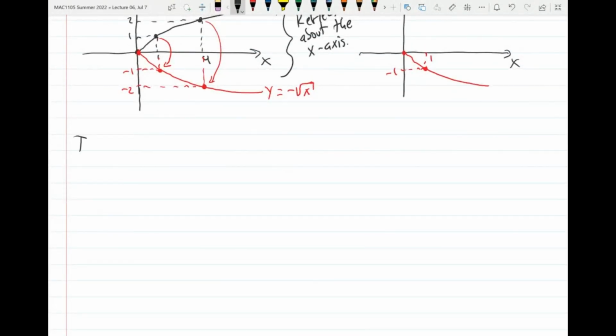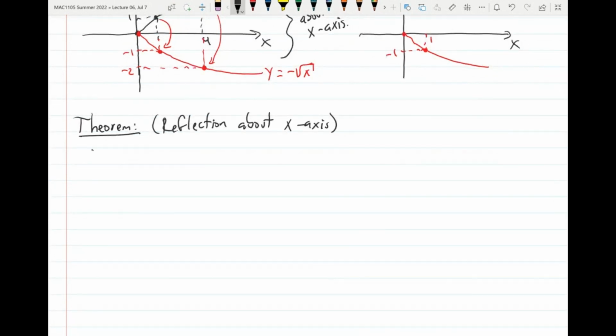So theorem. That's reflection about the x-axis, and then the statement is that y equals negative f of x. This is, you know, the formal transformation. You have your function, whatever it is, and we are multiplying it by -1. Okay. So when you stick a minus in front, what you're doing is you're reflecting.